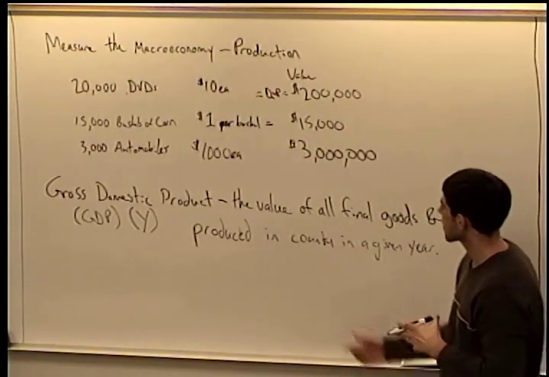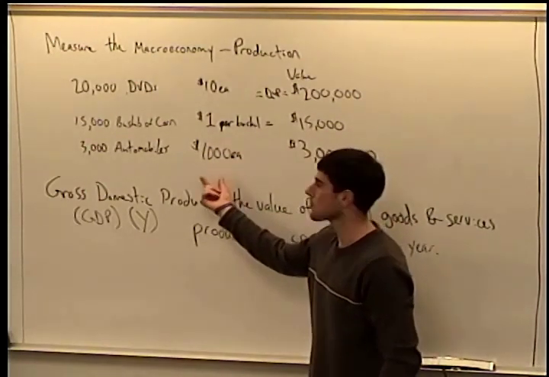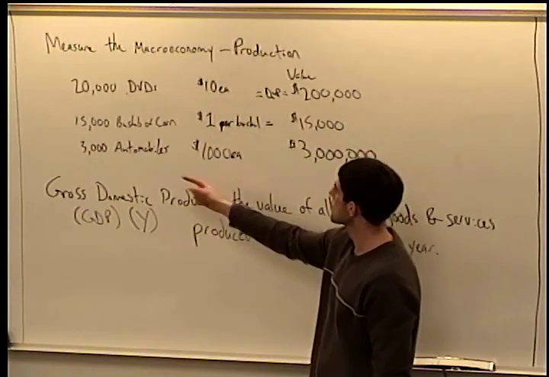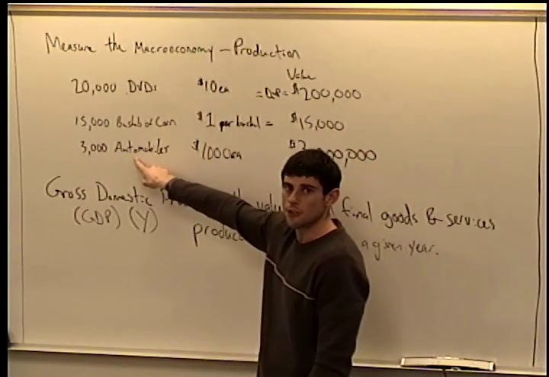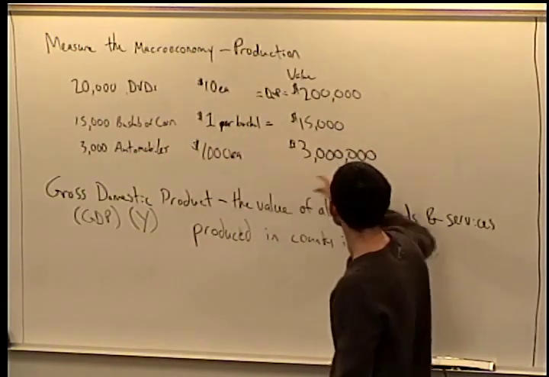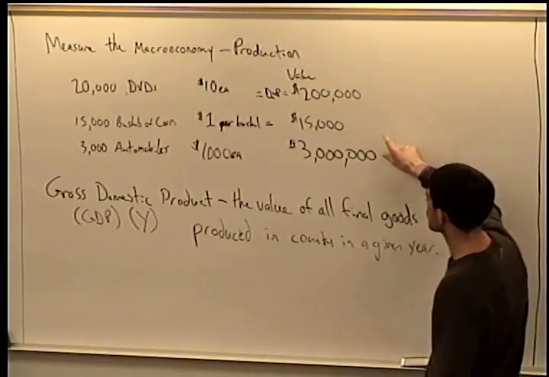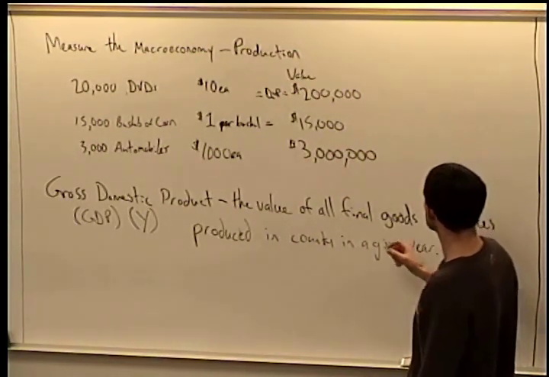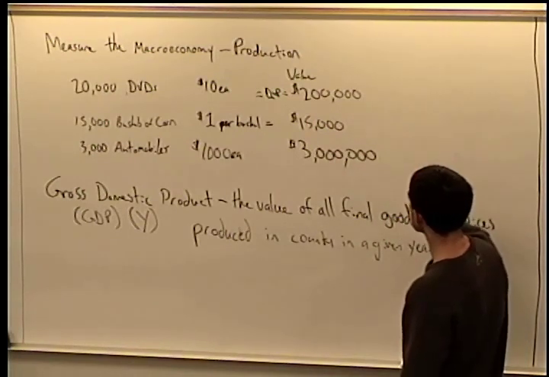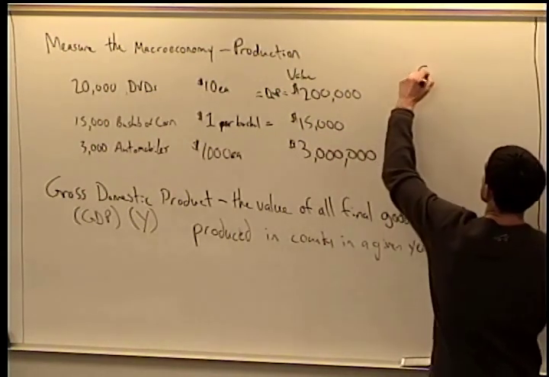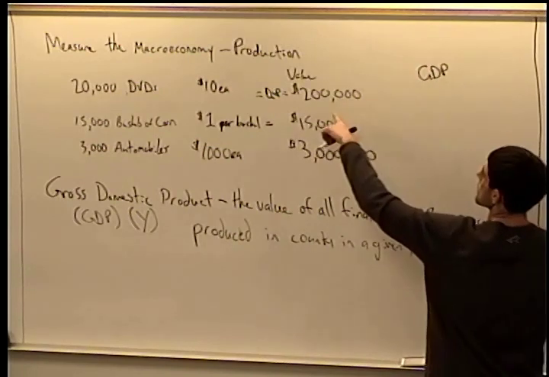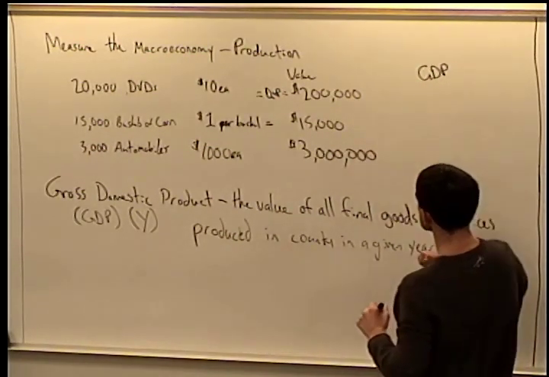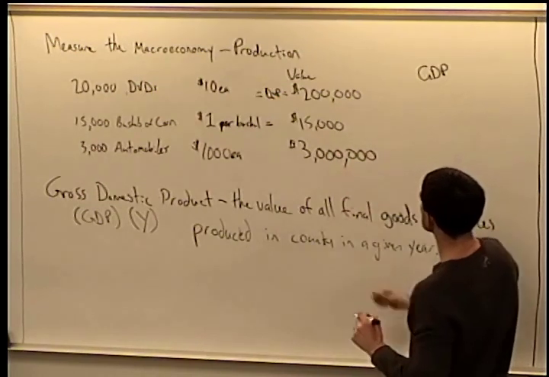Okay, so automobiles are obviously more valuable than a DVD, and the price reflects that. So even though we produce fewer automobiles, because they're worth more, we've actually produced more value in automobiles than we did in DVDs. Okay, so if we add this together, the total GDP is going to be equal to 200,000 plus 15,000 plus 3 million, excuse me.